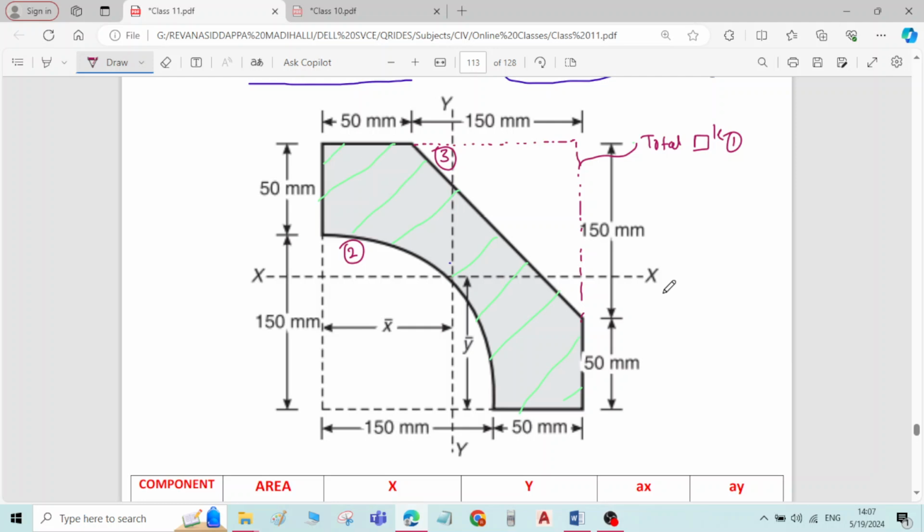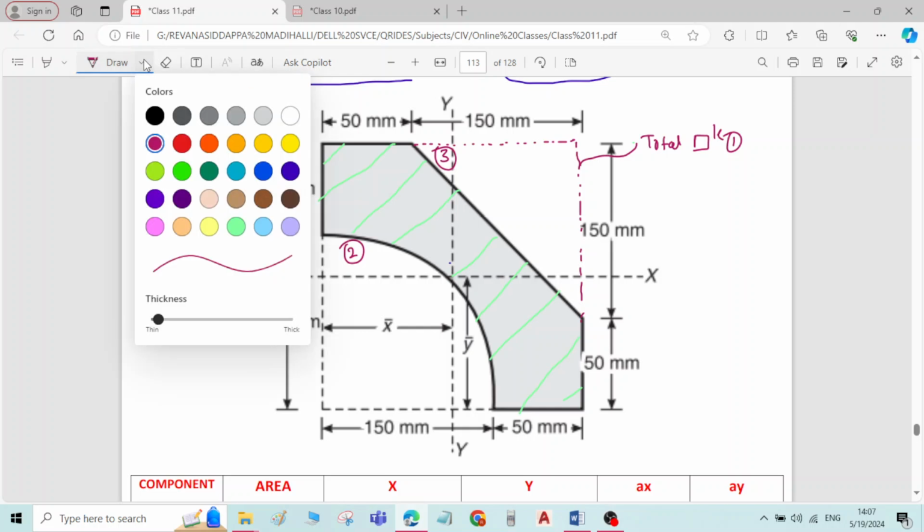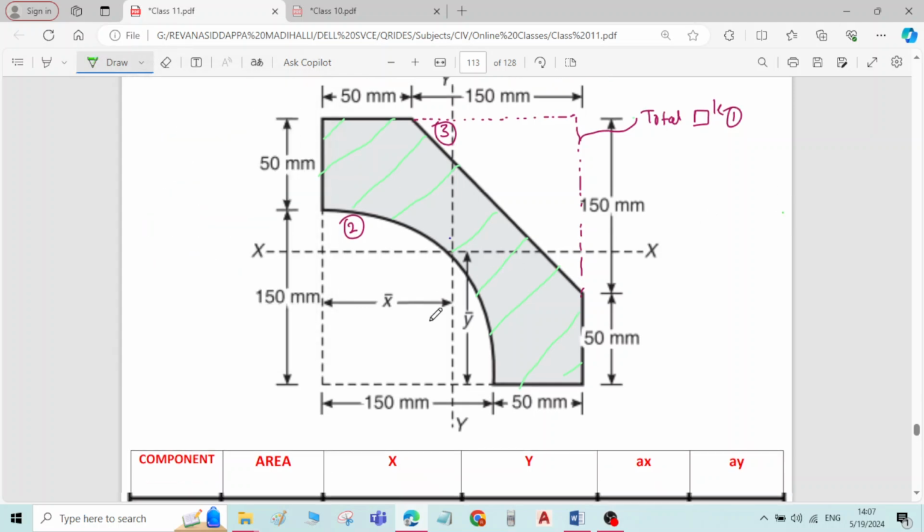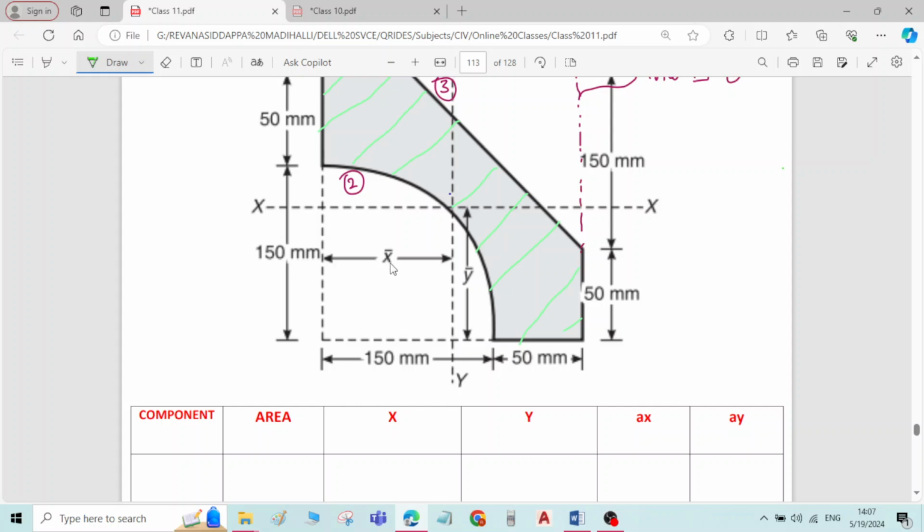So that in the total rectangle, if you deduct the area of the quadrant of the circle and the area of the right angle triangle, you will get the area of the shaded portion. Now we will write the formula. For this quadrant of the circle, if I take G2 as centroid, the formula is 4r by 3 pi.